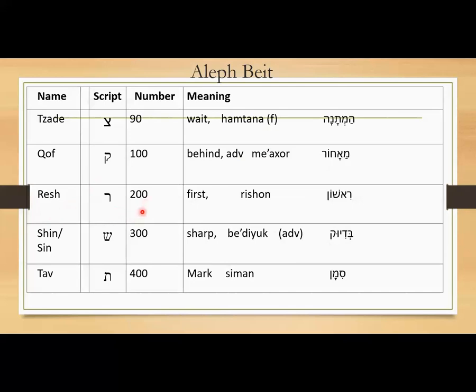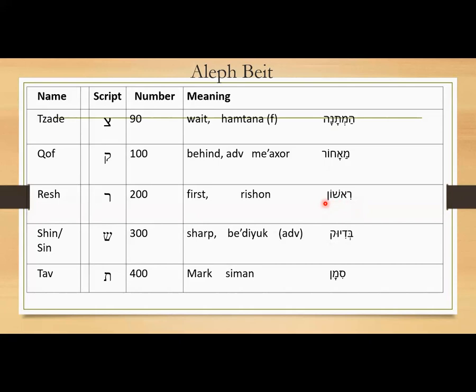Resh, 200, its value. And we're going to use the word first. Rishon. Rishon is first. R, I, a, sh, o, n. Look there, that is the end nun. It should have the little top and then it goes down below the line.